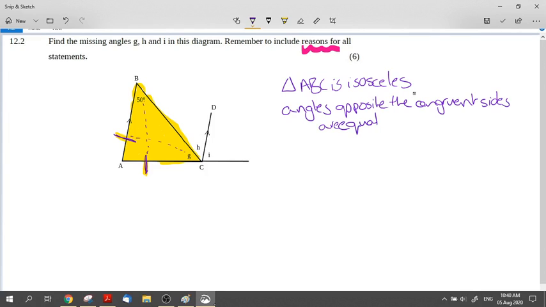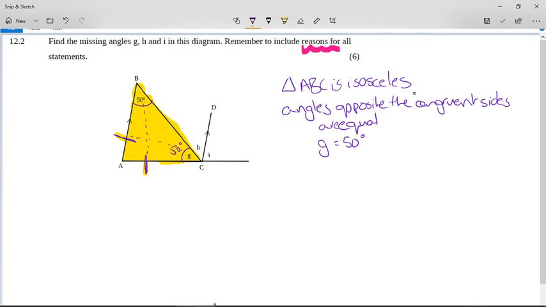Okay, so if this angle here is 50 degrees, G is going to also be 50 degrees because they are congruent. So we used the isosceles triangle for that part.